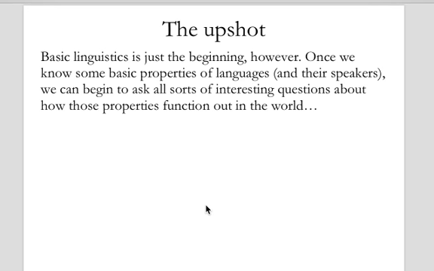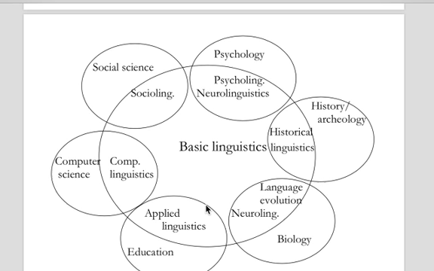And this is where all of the hyphenated and applied fields come in. So I wanted to briefly talk about some of these. Even this big Venn diagram with lots of circles is not a complete mapping of all the language-related sciences or fields. It's just partial, but these are some of the common ones, right? And so I've got basic linguistics as this middle circle.